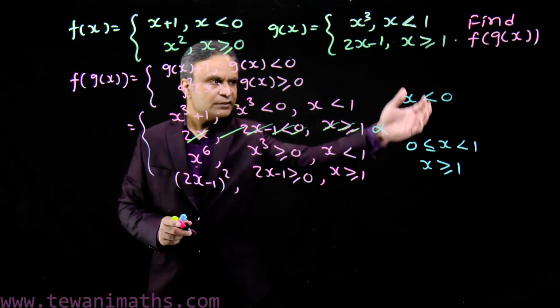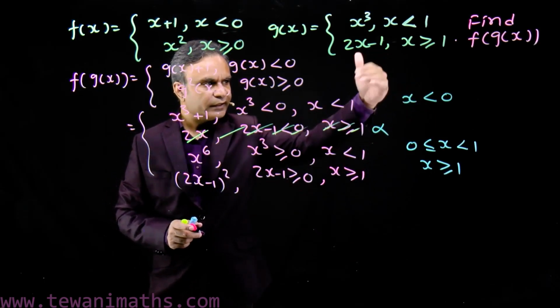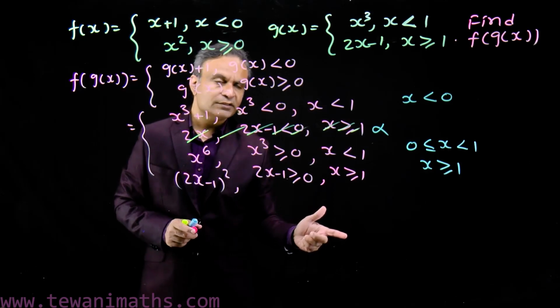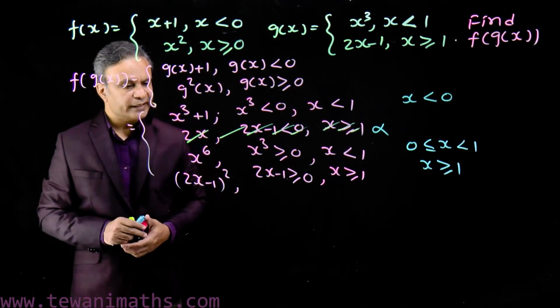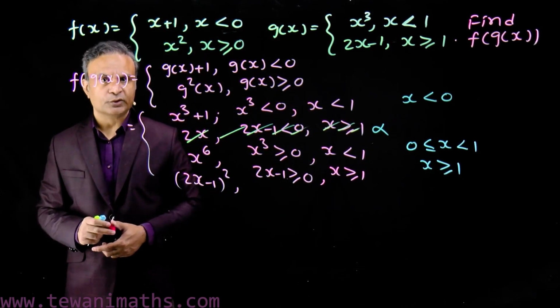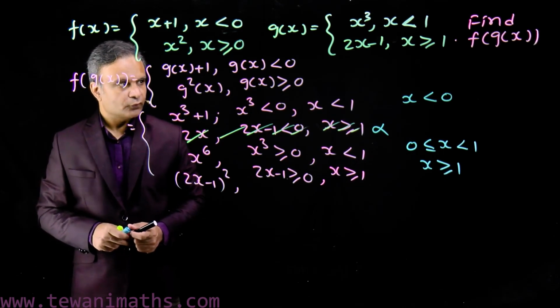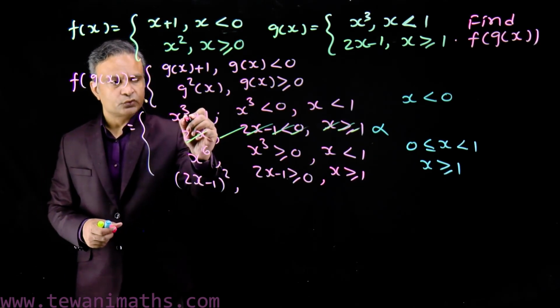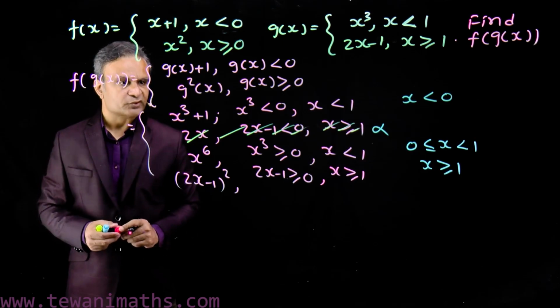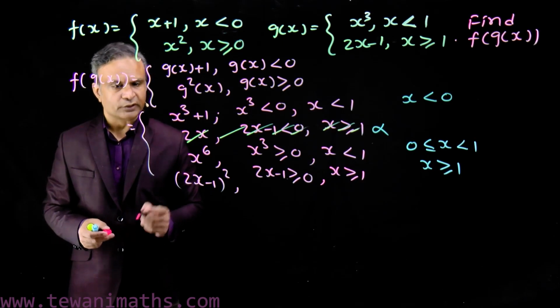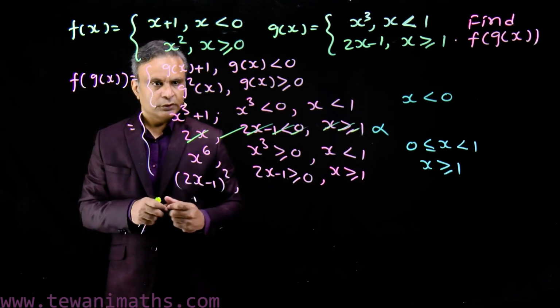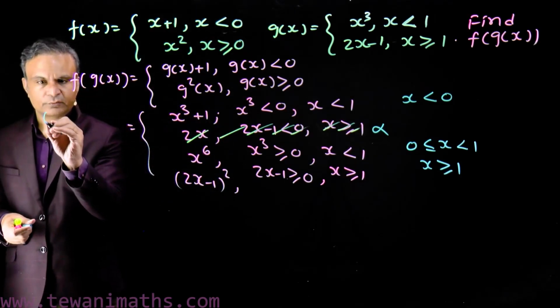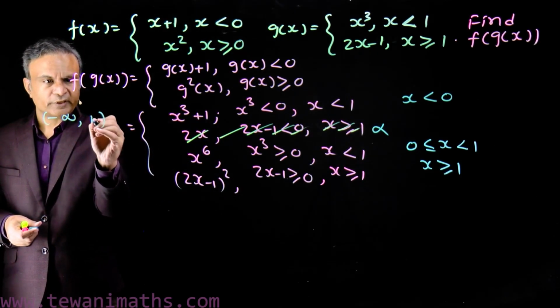So domain of the function is set R. All real values are covered here. Domain is set R. What will be the range of the function? For x less than 0, x cube will be less than 0. So x cube plus 1 will be less than 1. So range of this branch is minus infinity to open interval 1.